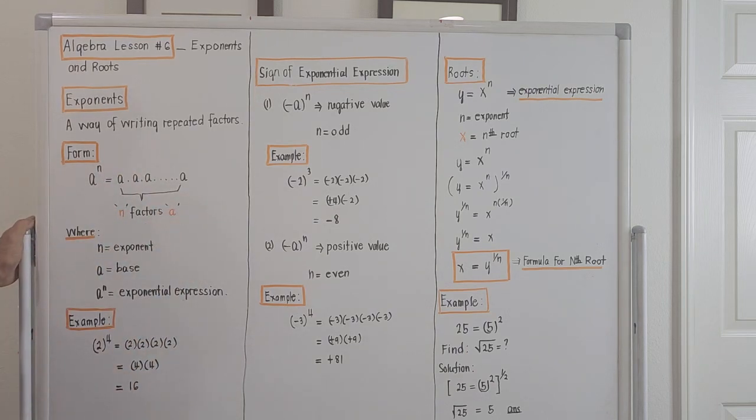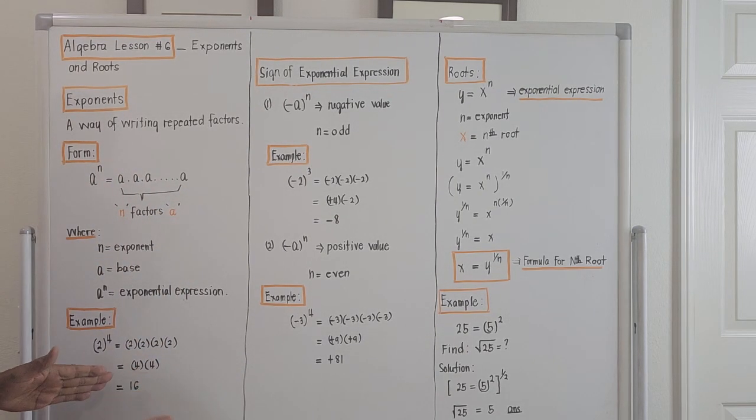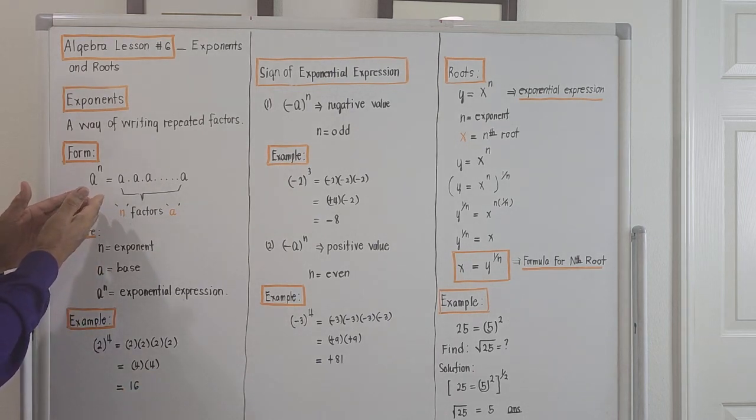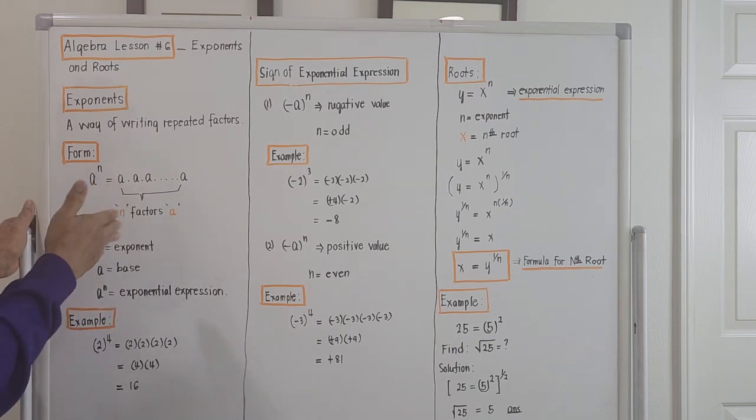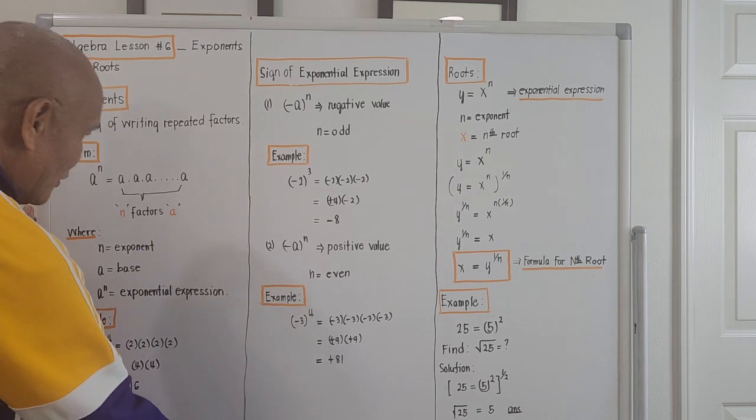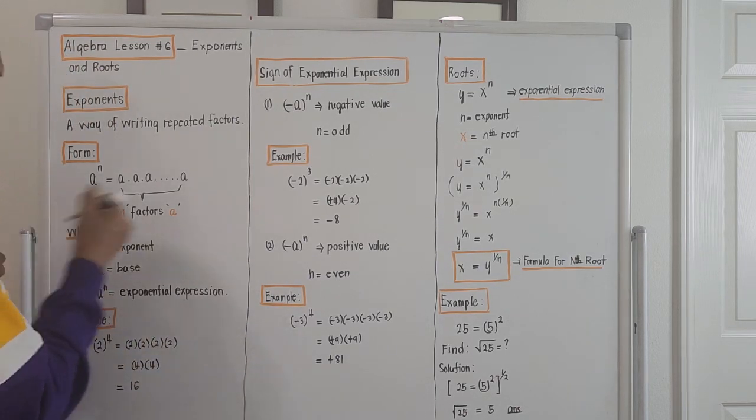An example of this will be this one. But before I proceed, I will first discuss the terms inside an exponential expression, because this one here is considered an exponential expression.